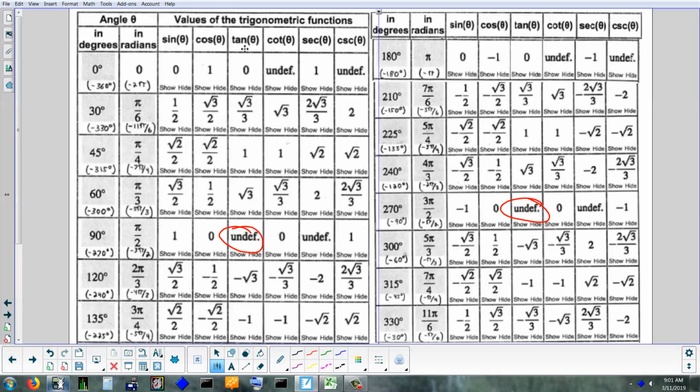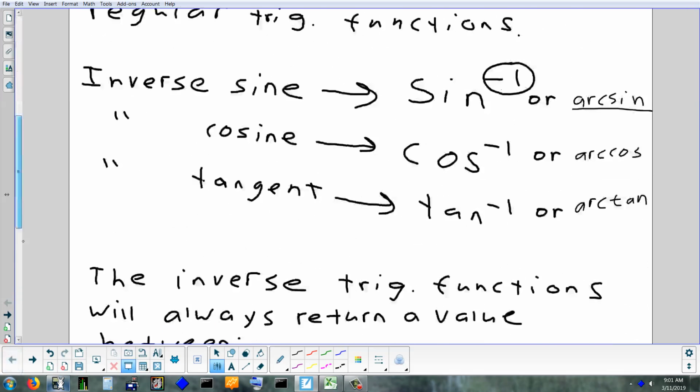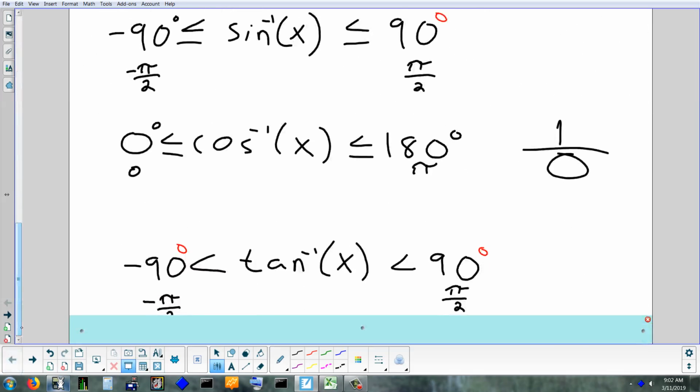But when you look in the sine and the cosine column, you will never find an undefined. Any other column, yes, but not sine and cosine. Okay, so any questions on those different intervals? Okay.